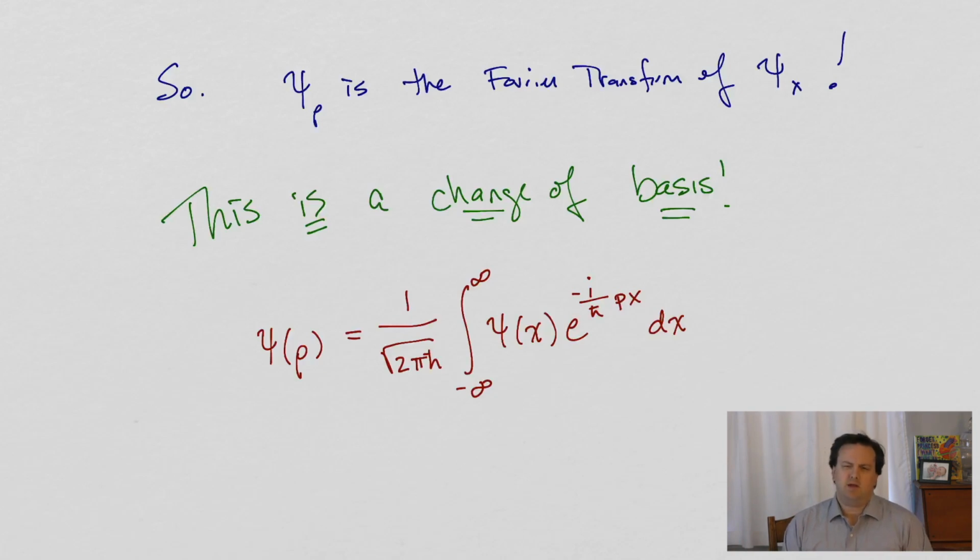And so now we want to really just use the language of thinking about this as a change of basis. If I have a particular state that has a wave function in terms of the position space eigenstates, that is, if I have the position space wave function, which I'm calling psi of x, I can calculate the momentum space wave function by taking the Fourier transform.